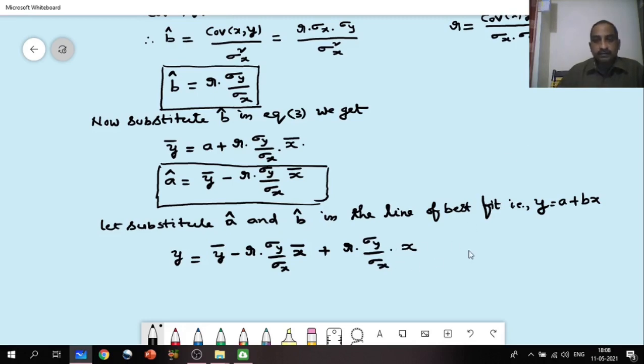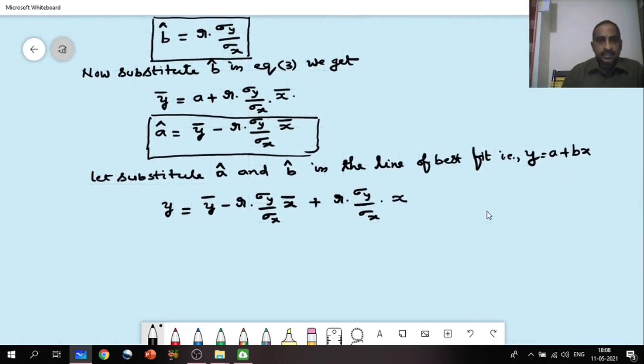Just you rewrite this equation as y minus y bar equals, transforming this component to the left hand side, y minus y bar. Again here we observe that r into sigma y by sigma x into x, and r into sigma y by sigma x into x bar. So one of the component is common, so I take the common r into sigma y by sigma x, times x minus x bar.